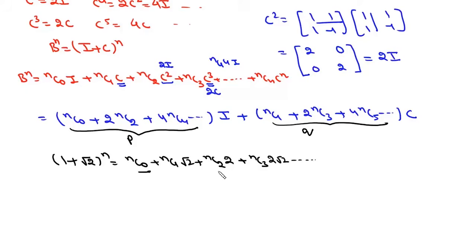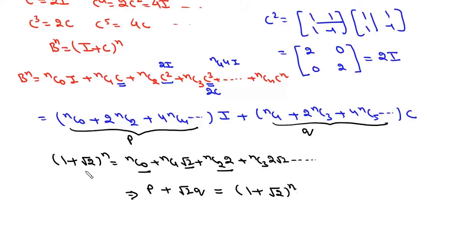Now if we consider these terms, this is nothing but P, and if we take root 2 common, then it will be Q. So we can write this as P plus root 2 Q. So the value of P plus root 2 Q will be simply (1 plus root 2) to the power n.